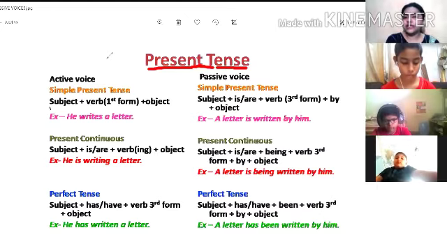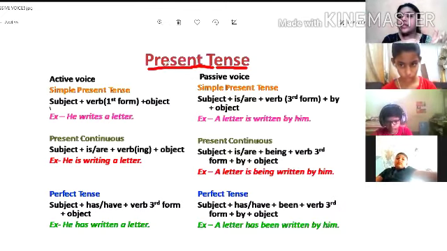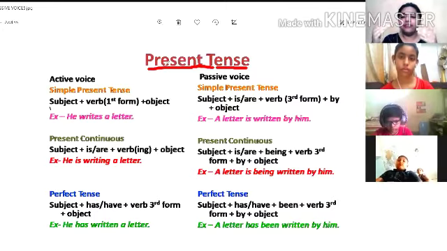When you identify the tense, you will recall the specific structure, the rule of changing that particular tense from active voice to passive voice. That means you need to have very clear knowledge of the tenses which you were practicing yesterday and the day before. That is why I was giving you sentences and asking what kind of tense they are. So you need to identify.